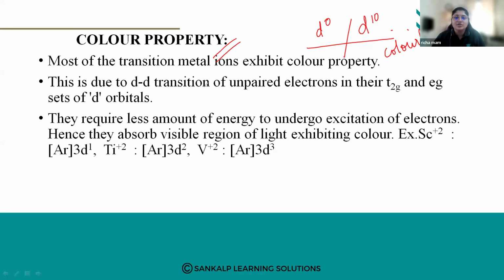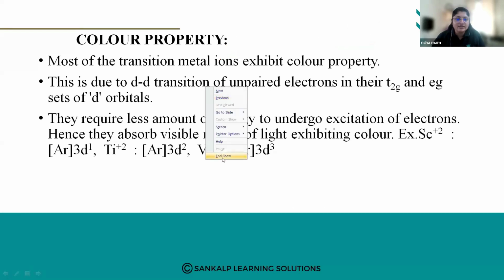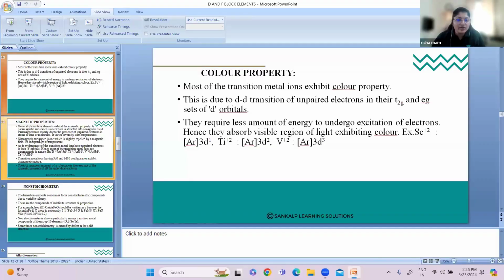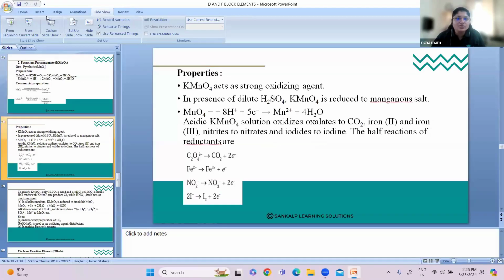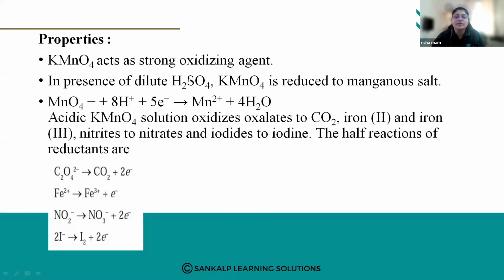Okay. So these were the properties which we have discussed. All these things you have to apply, very important. So these are the points. They act as a strong oxidizing agent. In the presence of dilute sulfuric acid, KMnO4 is reduced to a manganese salt. You can see, from MnO4 minus, which is +7, as we have seen just now, in the presence of acid it is reduced to +2.